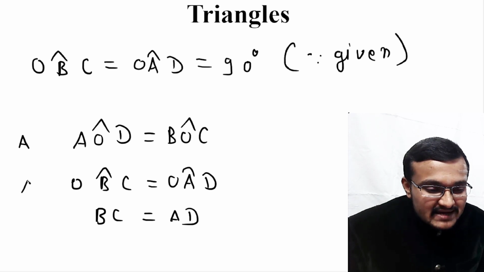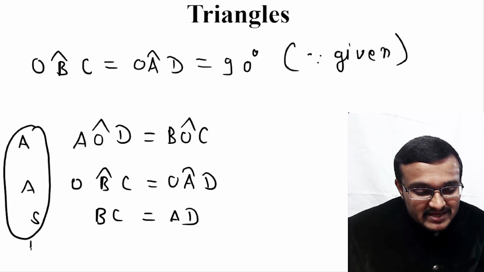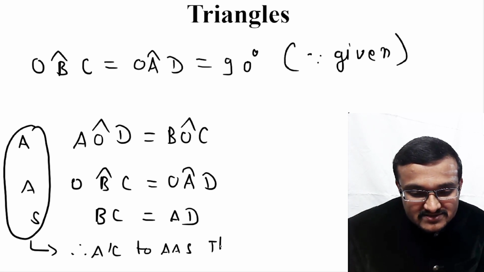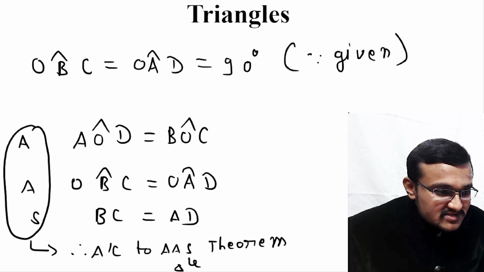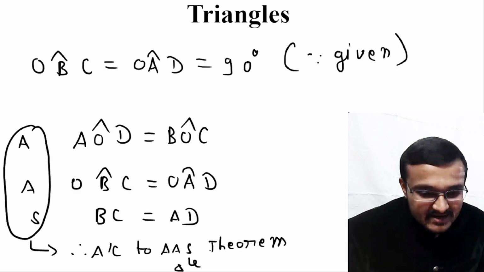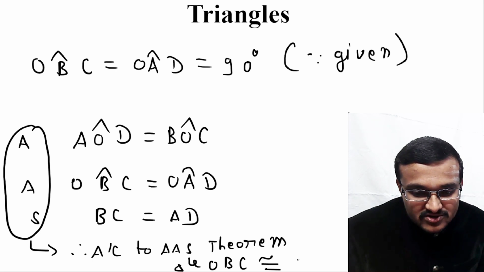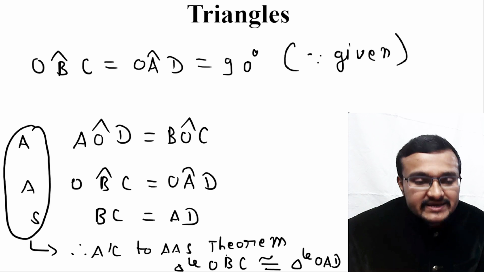So according to the AAS theorem, the triangles we have considered are triangle OBC and triangle OAD. So triangle OBC is congruent with triangle OAD.